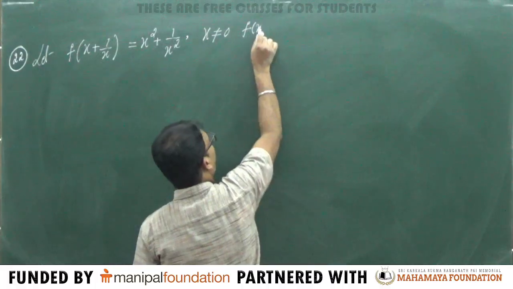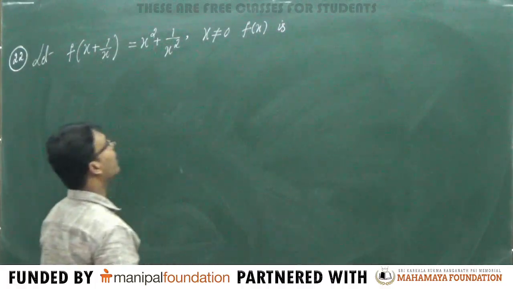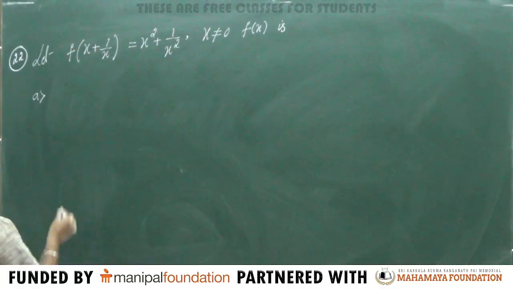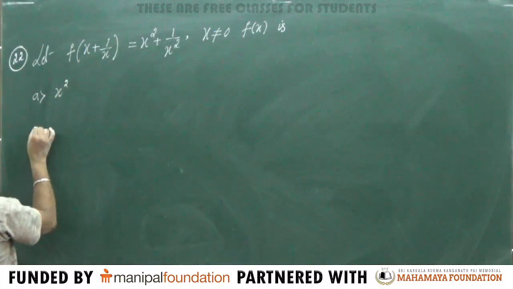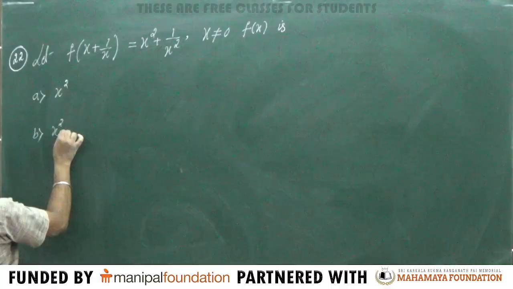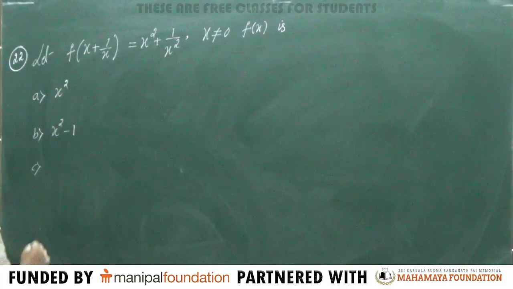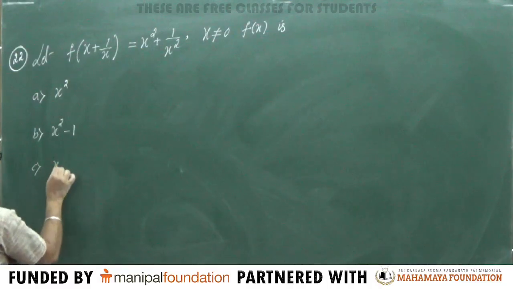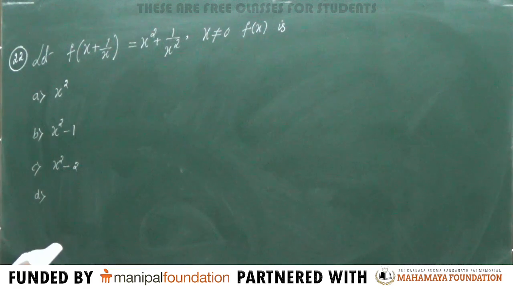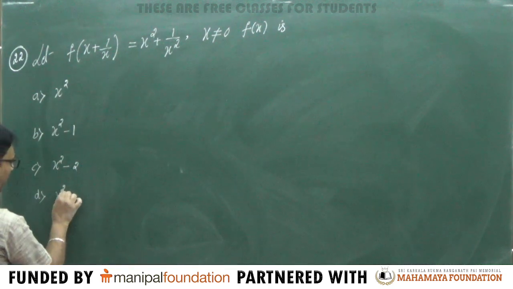Then the value of f of x is option A x square, option B x square minus 1, option C x square minus 2, option D x square plus 1.